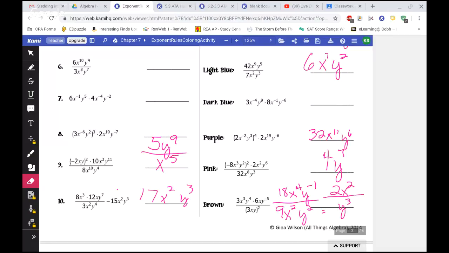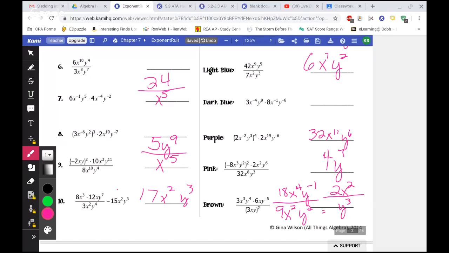You're going to multiply the 6 and the 4, and you multiply 3 and 8. You both get 24. And then when you do all the exponent stuff, you get 24. And then -1 and -4 added together is a -5. So that goes in the denominator, and the negative from the exponent is removed.